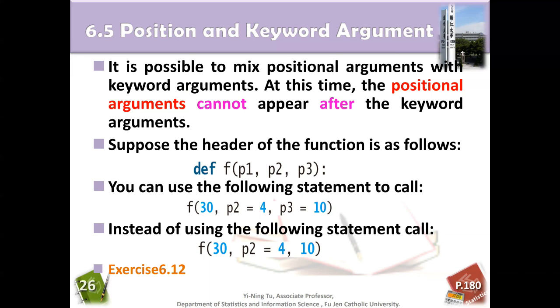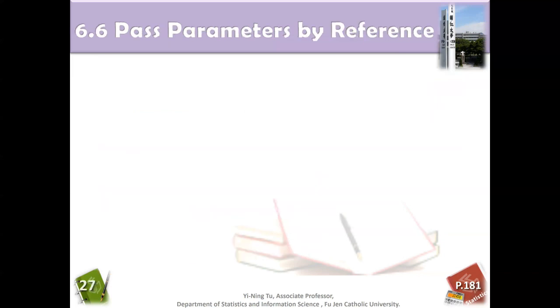Now I want you to open your textbook to page 118. There are a lot of exercises that we can choose and practice to check whether they are correct. I think you can find page 118. There are some function definitions, with P1, P2, P3, P4, right? Which function call is correct?